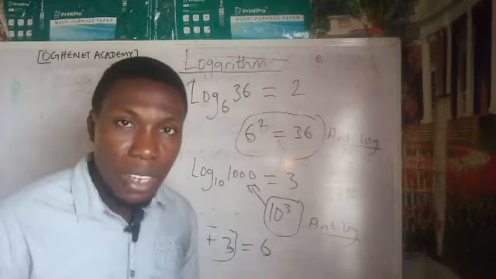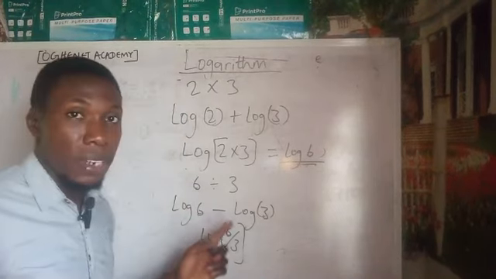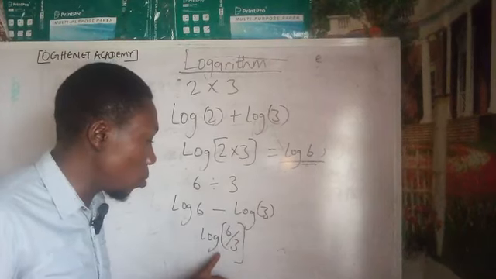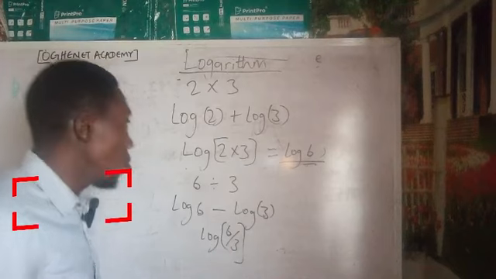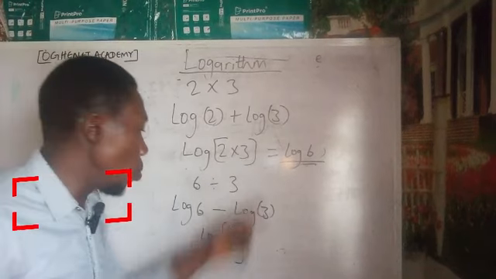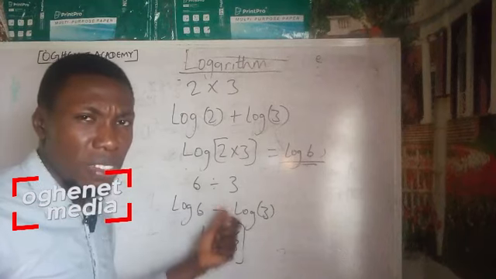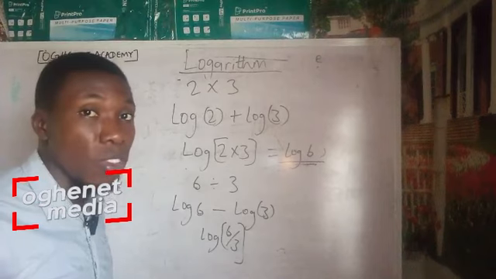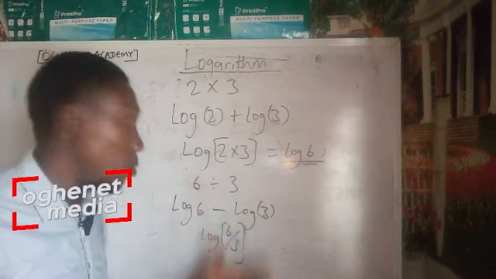Okay, so now take a look. So like I was saying, when you subtract this number, log 6 minus log 3, you are going to get log 6 over 3. Okay, so this is the addition rule and this is the subtraction rule. So these are the two major rules that the slide rule uses when it wants to perform multiplication by adding numbers.